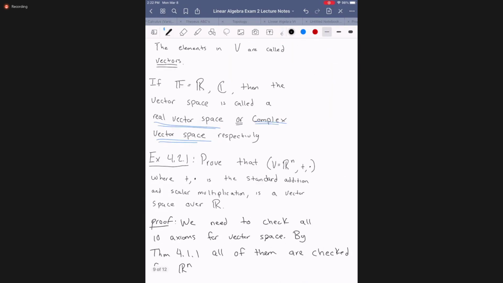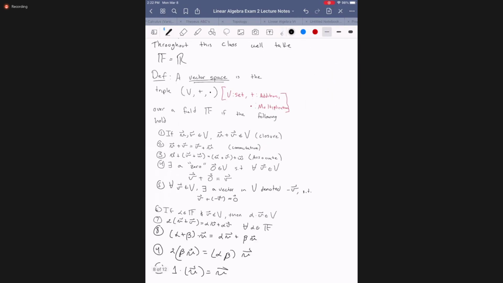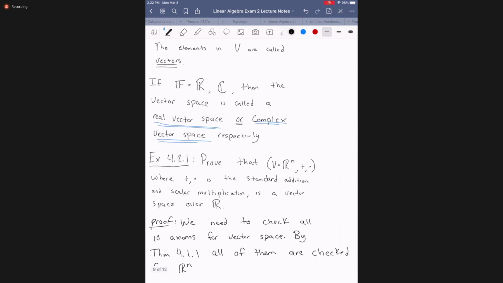Okay, just 4 more. So 7, does my alpha distribute? Well, that one's not too obvious, but it does. So actually, that's a pretty good point.